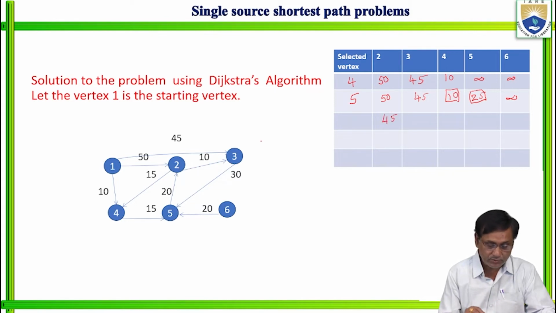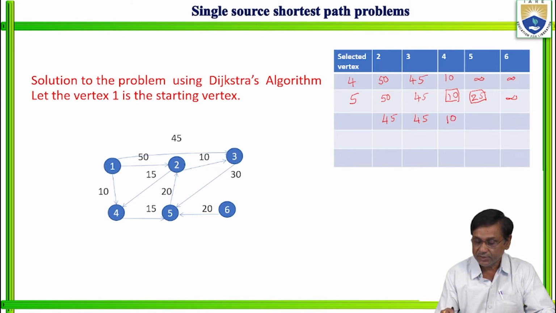So 3 is only 45, no change. The 4th vertex is already selected and 5th is already selected. So 6, no change. Now we can select the vertex 2.